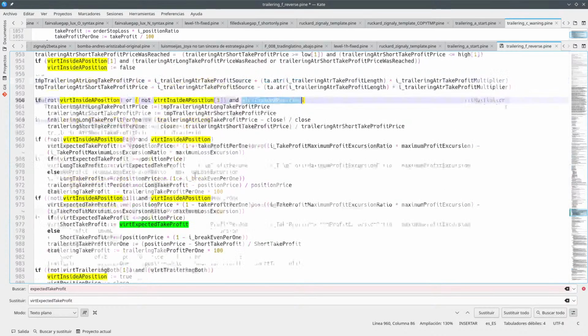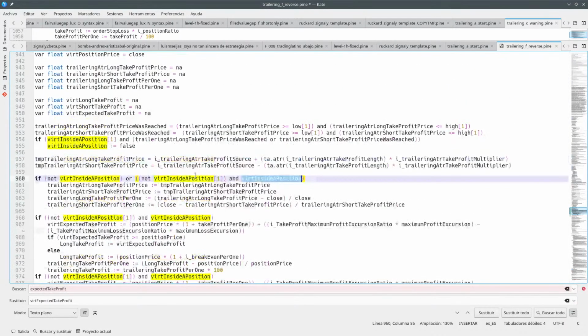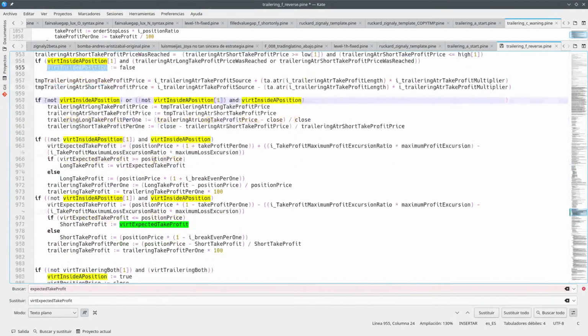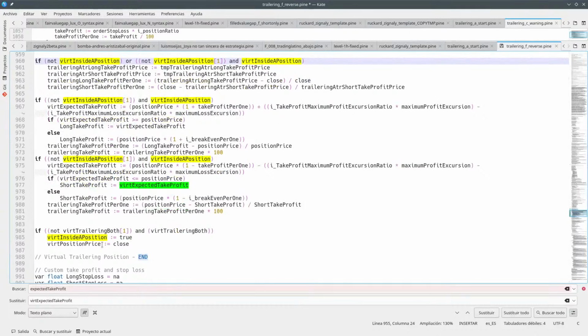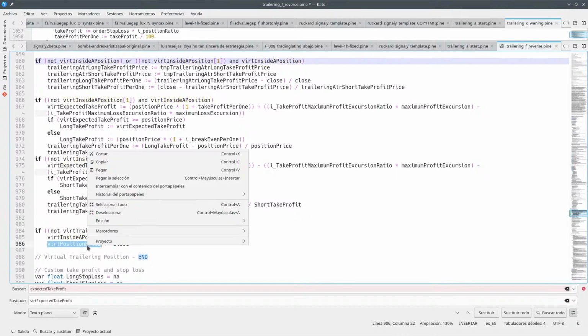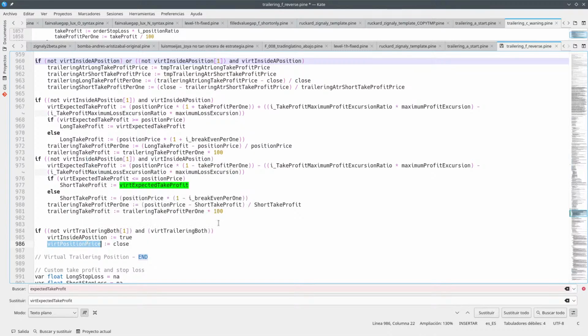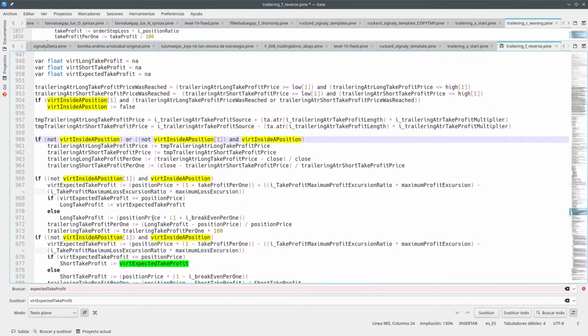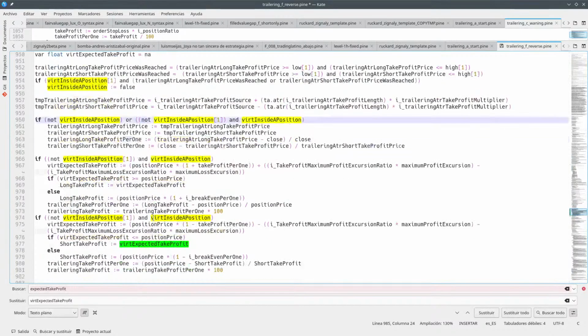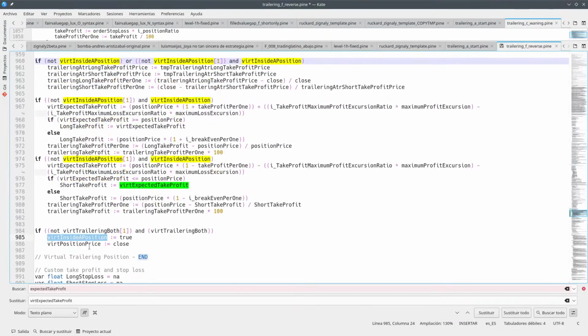So if we are in a position, that means that the position price is defined, we are right, isn't it? Yeah, that's it. So bear position price.